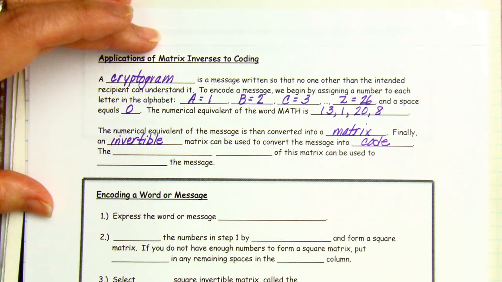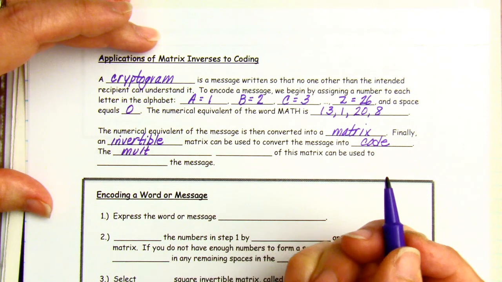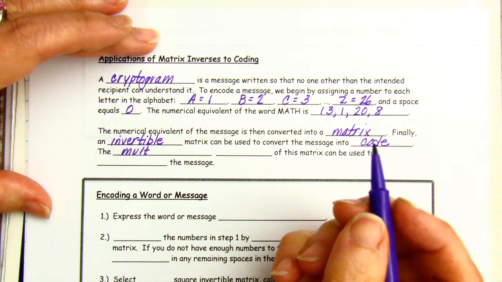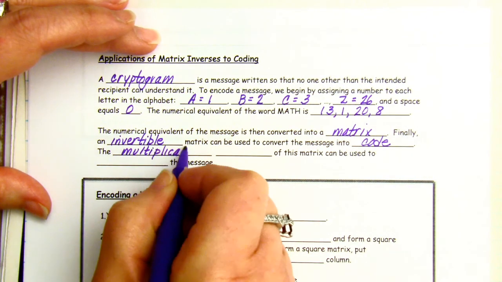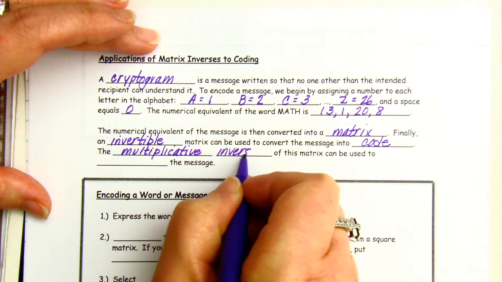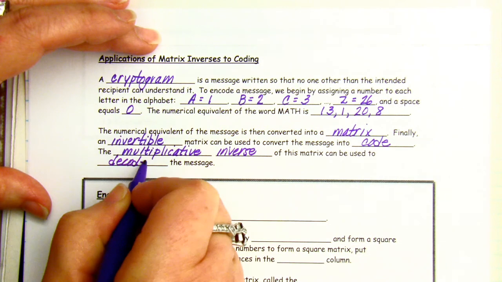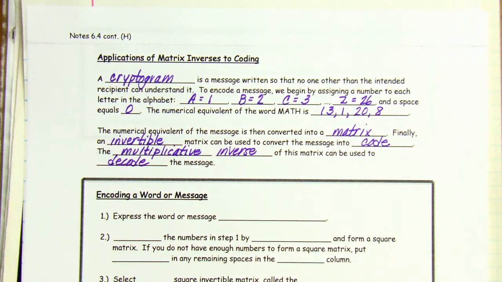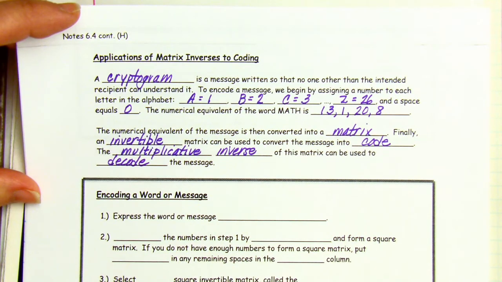The multiplicative inverse of this matrix can be used to decode the message. All right, so let's see what we have here in our box.